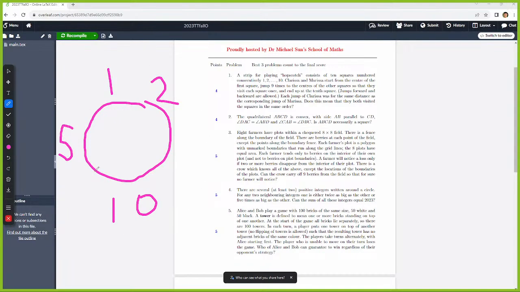One times 2 is 2, 2 times 5 is 10, 10 is 2 times 5, and 5 is 1 times 5. But what do they add up to? 18. They add up to 18.